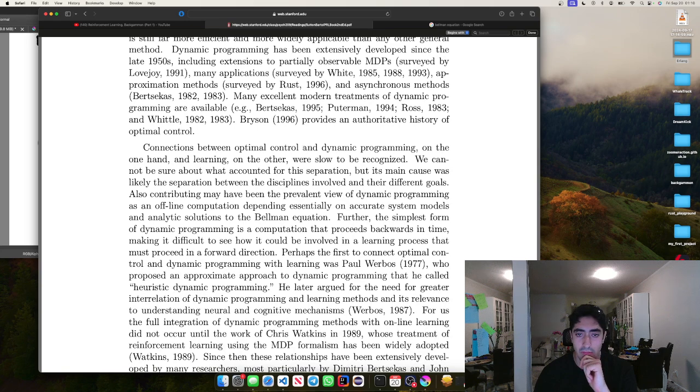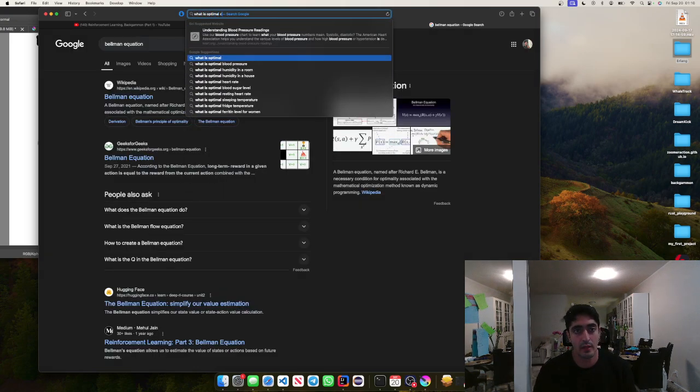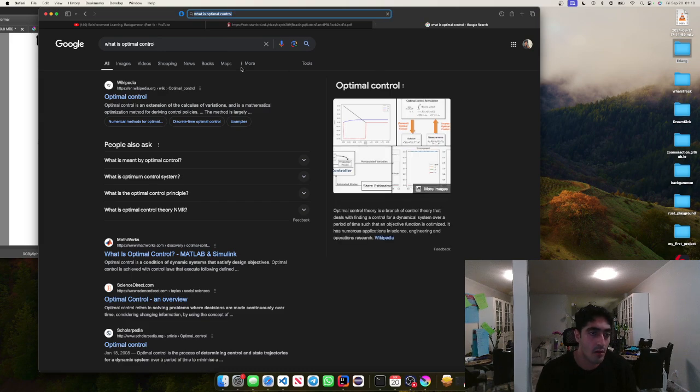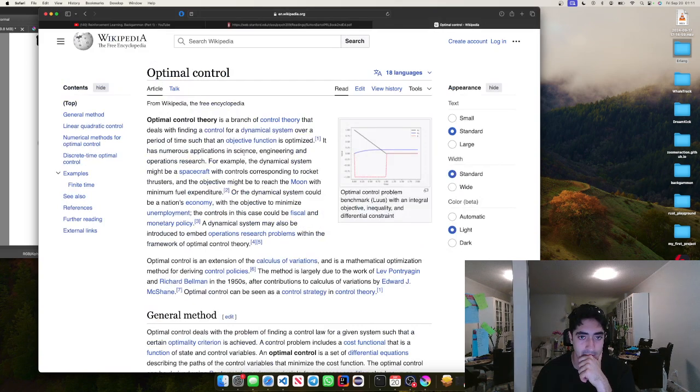Connections between optimal control and reinforcement learning. Optimal control is a branch of control theory that deals with finding a control for a dynamical system over a period of time such that an objective function is optimized.